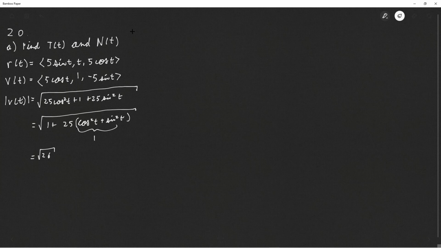Which gives us all the information we need to find the tangent vector, which is going to be equal to 5 cosine of t, 1, and negative 5 sine of t, all divided by the square root of 26.